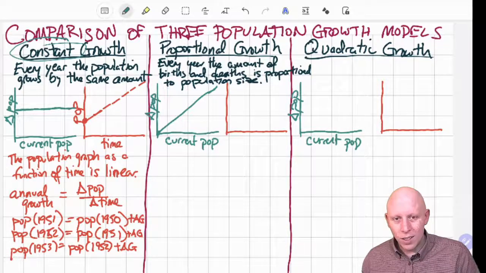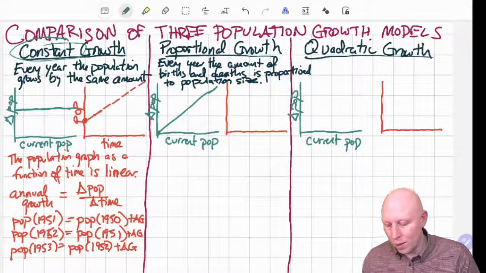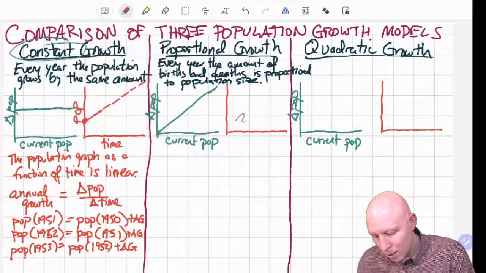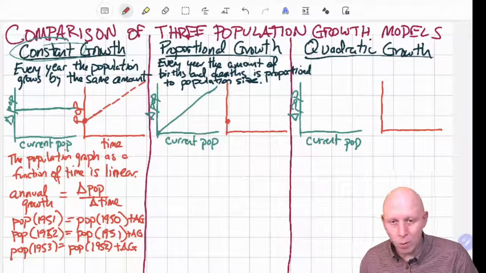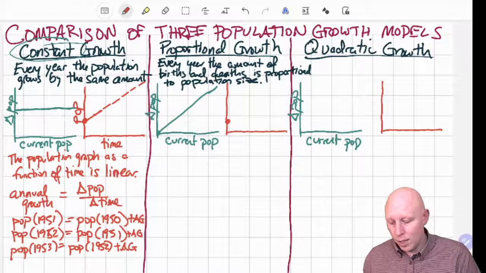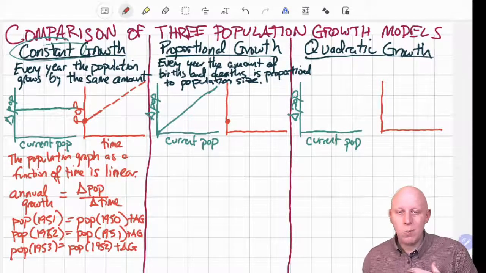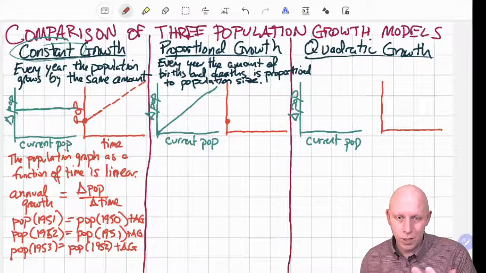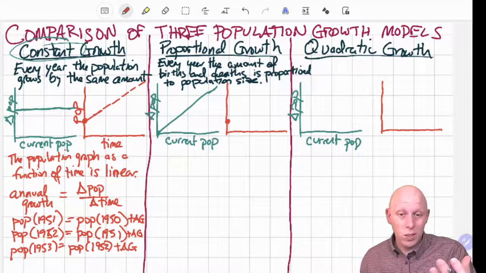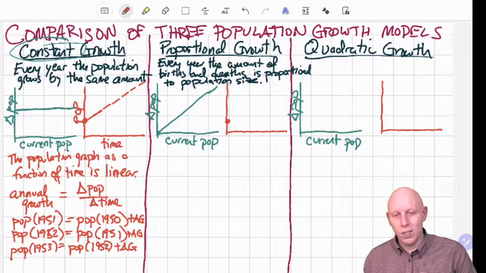So how does that impact the population graph? Let's think about this. If we have the population at a certain value, we're taking the current population, and there's some amount that's being born relative to that, and some amount that's dying relative to that.